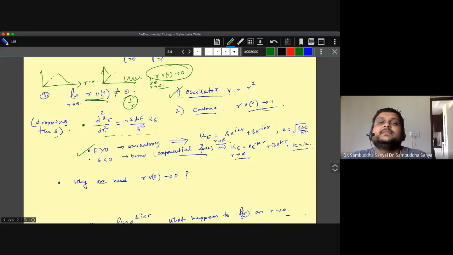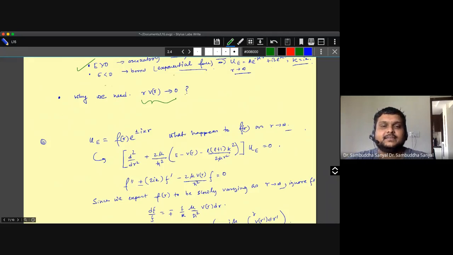For E greater than 0, we saw this is oscillatory with this k form, and for E less than 0, it is the bound state exponential form. Now you might wonder why I am talking about just rV(r) going to 0, not V(r) itself going to 0. That is a more general condition, and we will see that it encompasses a wider class of potentials.